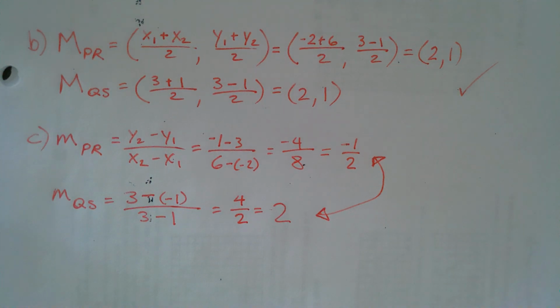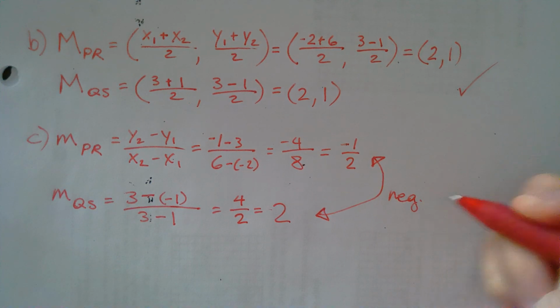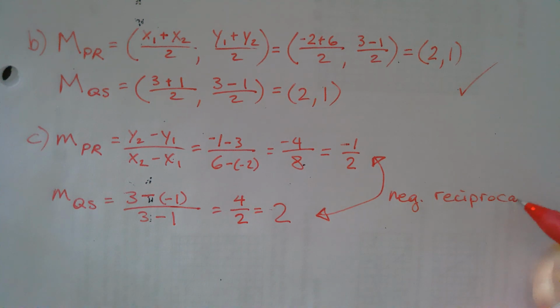They are? William? Negative reciprocals. Is that what we were trying to find? Yes. So since they are negative reciprocals, it means that they intersect each other at 90 degrees. They are perpendicular. All right.